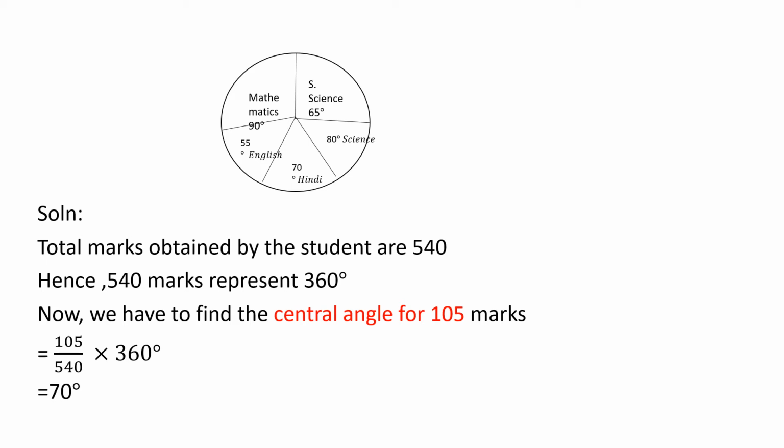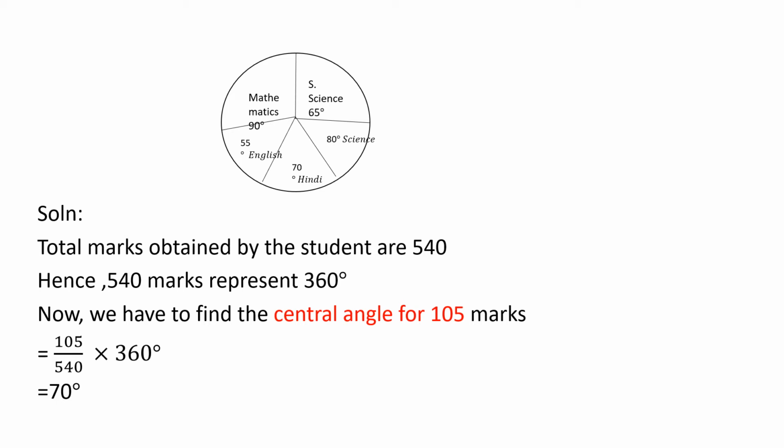So what was the first question? In which subject did the student score 105 marks? One student has scored 105 marks, and we have to find out for which subject. So what was the hint given in the question?